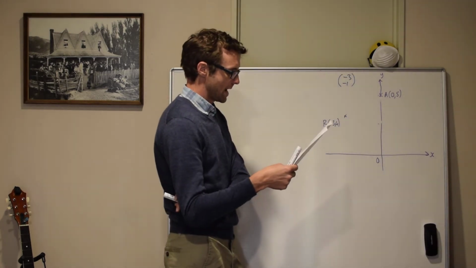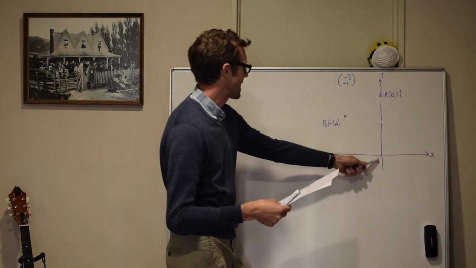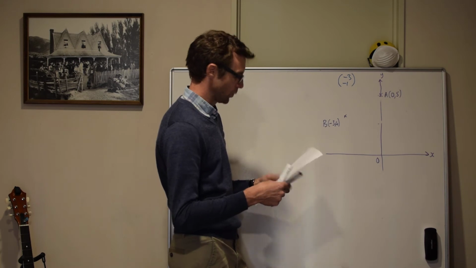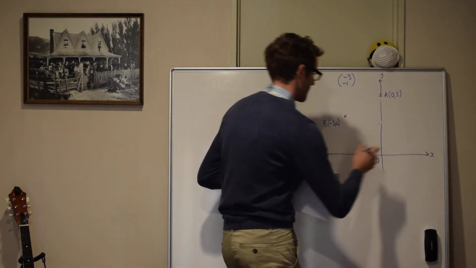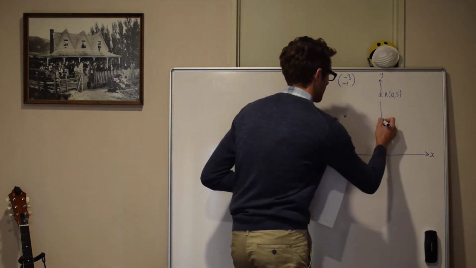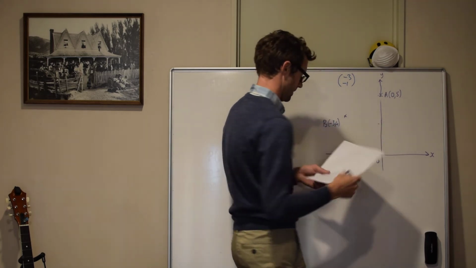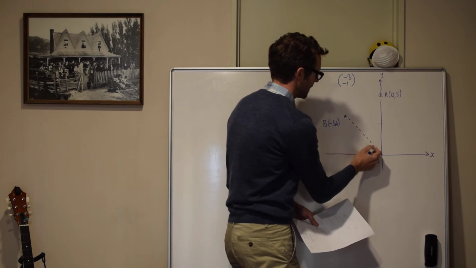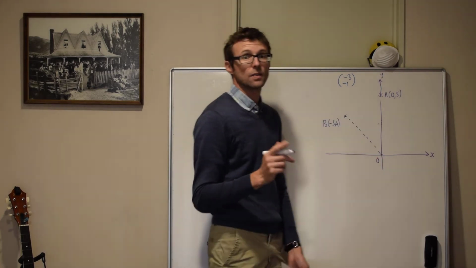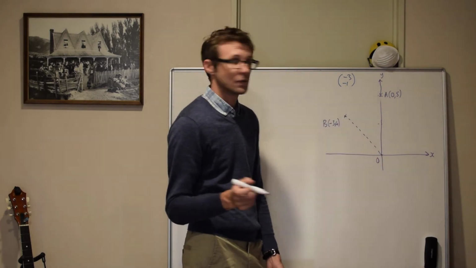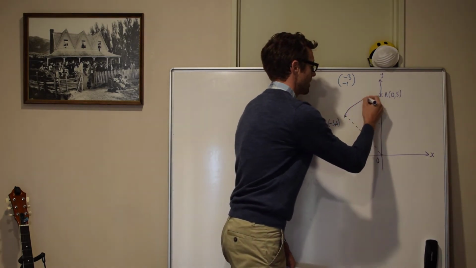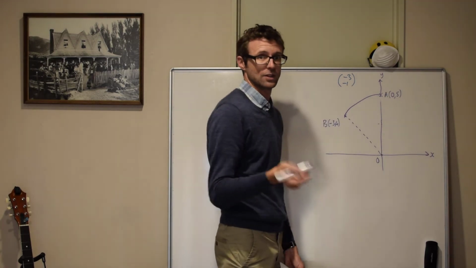What we have to do now is we are told that A and B lie on a circle with the centre O. So this is our circle here, and these guys are on a circle. They're both on the edge of a circle, which means that they must be the same length, because a radius to the edge of a circle is always the same, right?